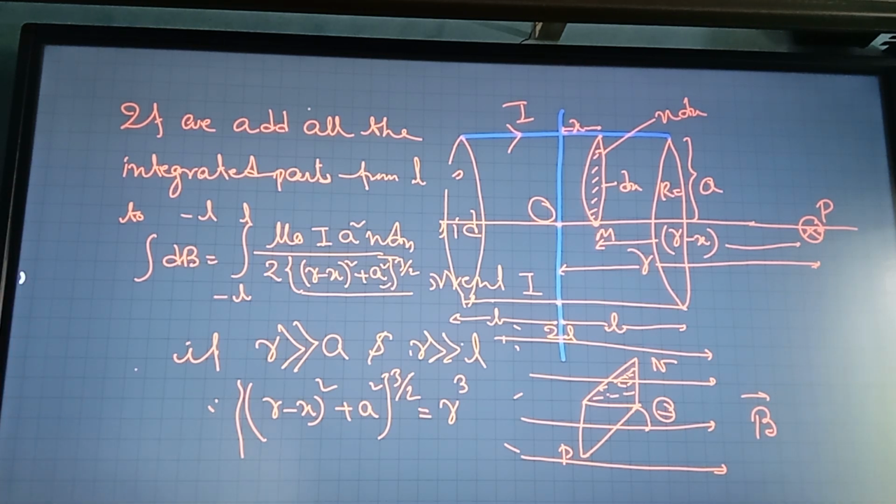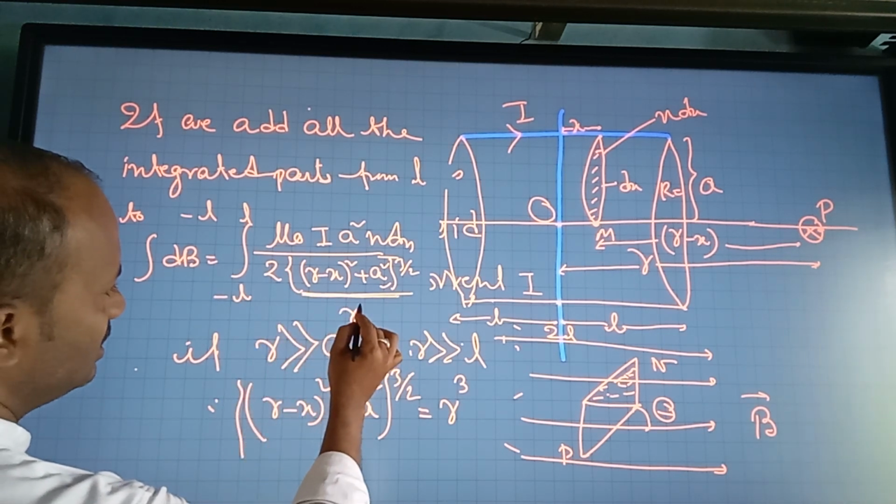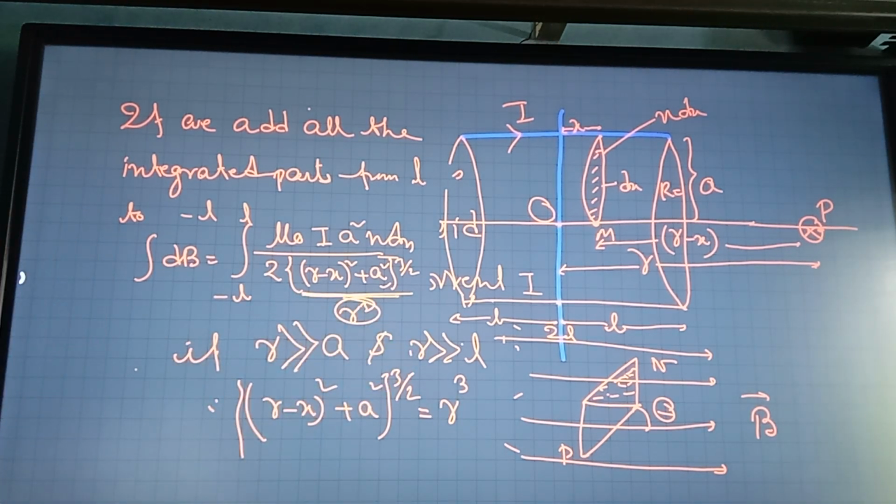Becomes R cube. So इसका वैल्यू क्या होगा? This becomes R2 हो जाएगा.